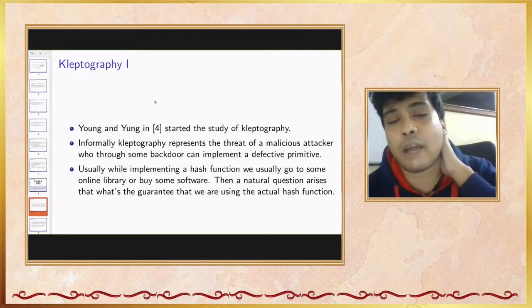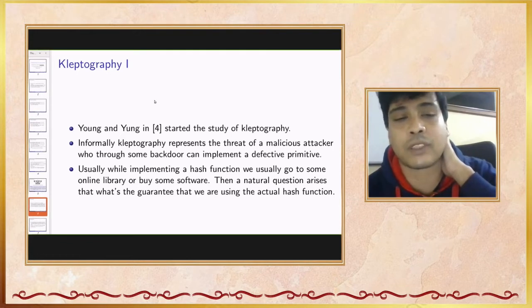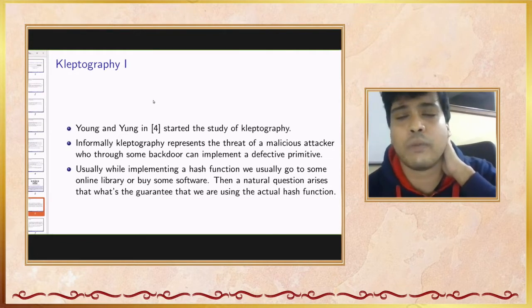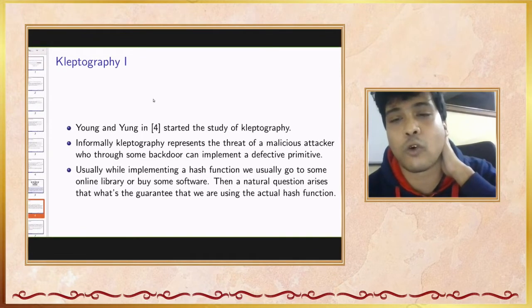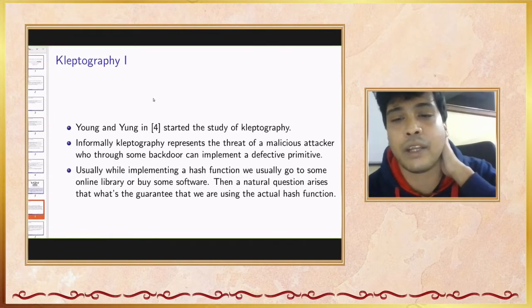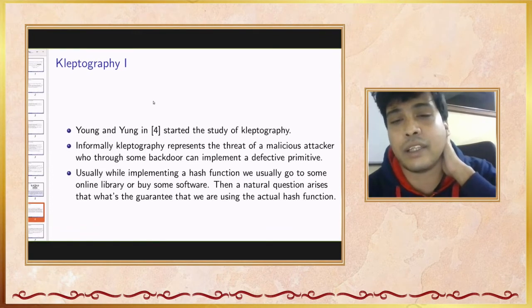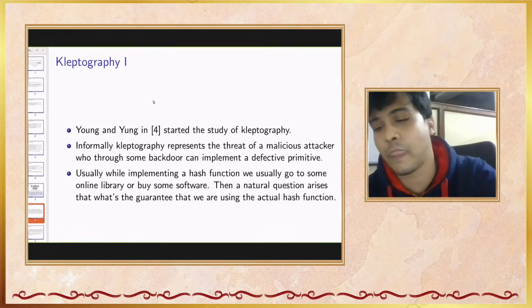Basically, when we implement a hash function, we either get it from some online library or we buy some software. But what is the guarantee that the software we have bought or the code we have gotten from the online library is the actual hash function and is not itself corrupted?